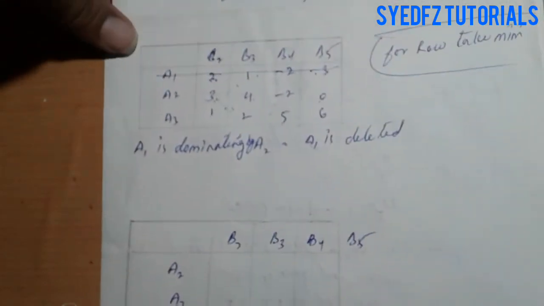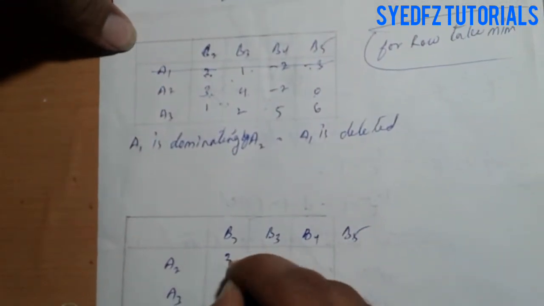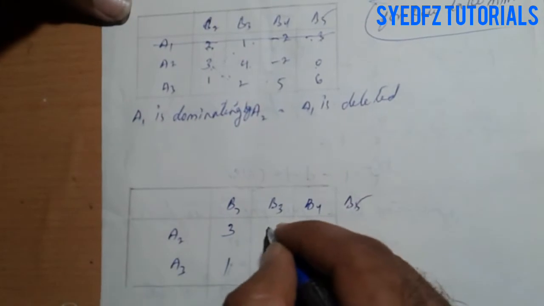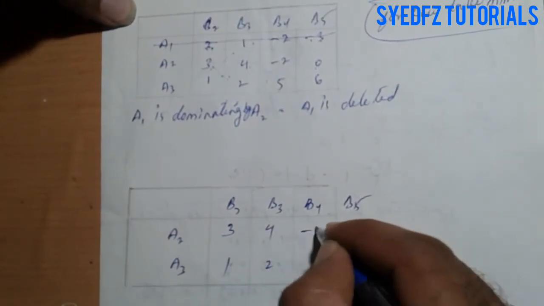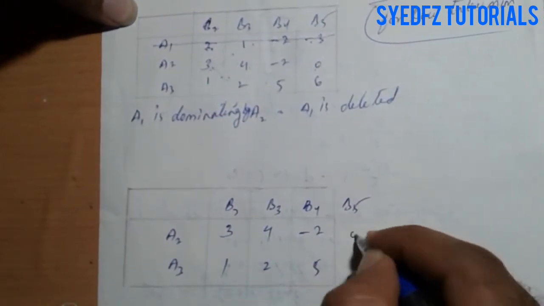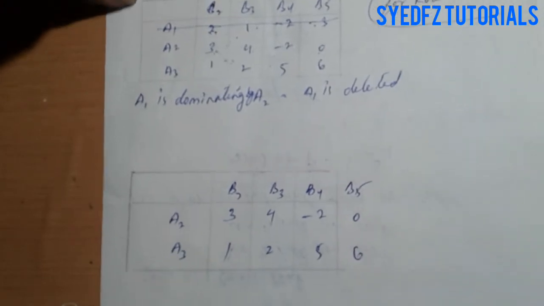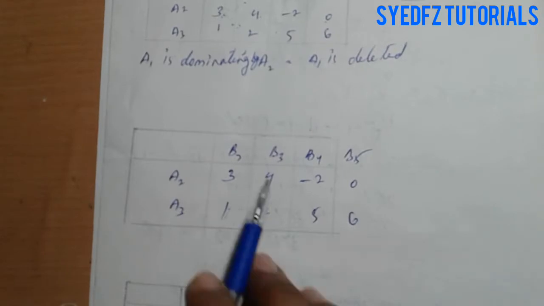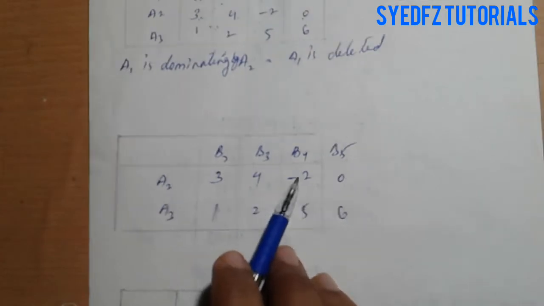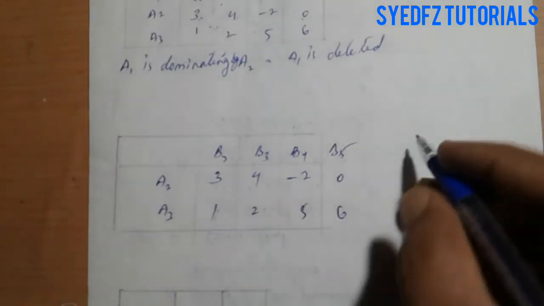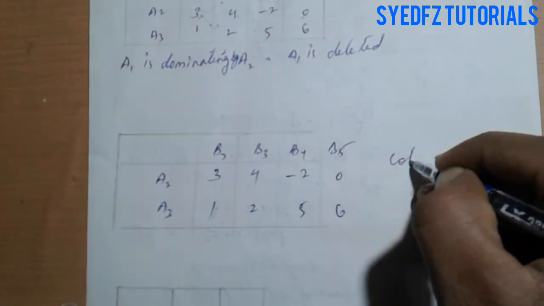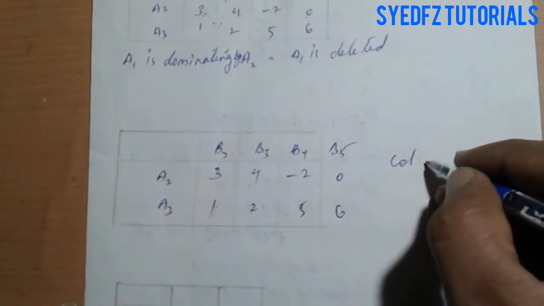Take the values 3, 1, 4, 2, minus 2, 5, 0 and 6. We have these values. Now compare B2 and B3, these two. When we are comparing columns, we have to see the max.